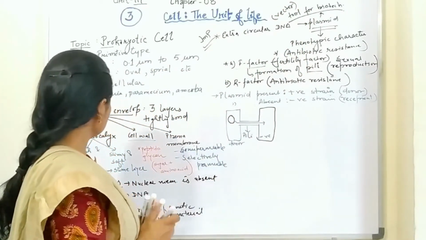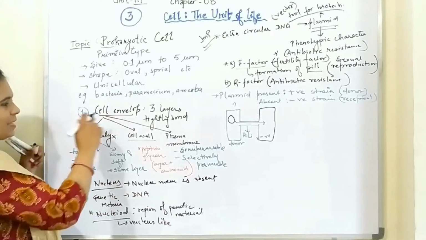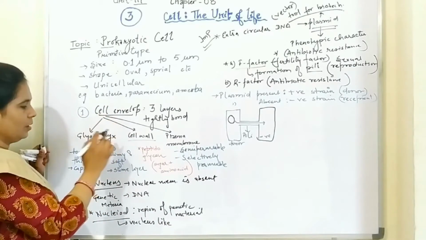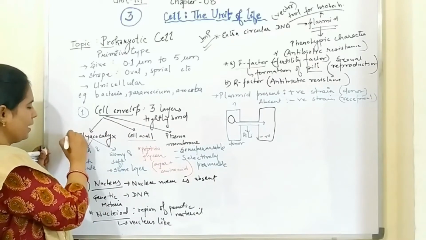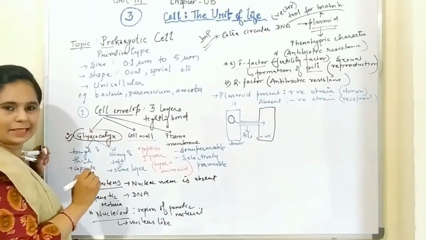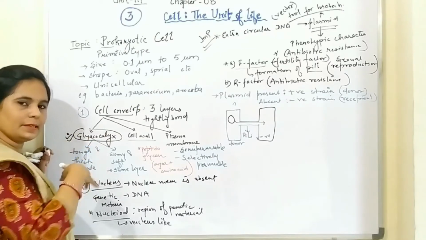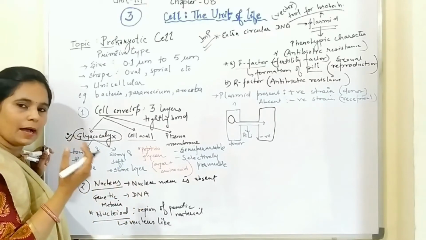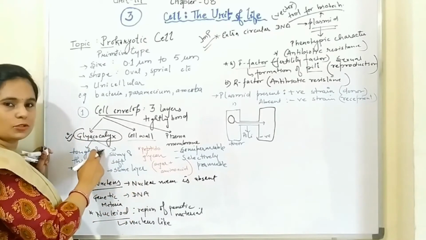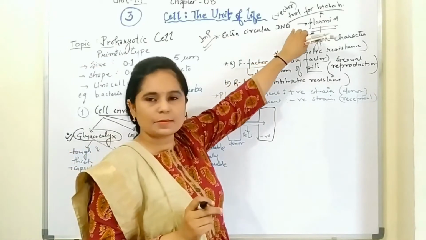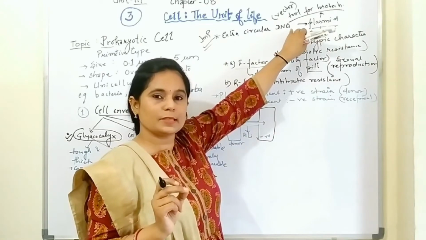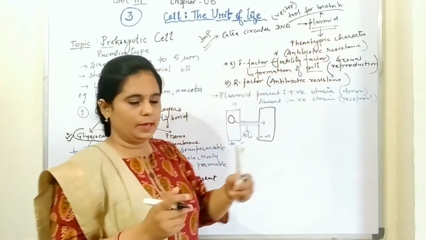Now as I have told you, cell envelope is there and it is having 3 layers. तो क्या होता है, जरूरी नहीं है कि ये वाला जो ग्लाइकोकेलिक्स है, it may be present, it may not be present. तो सारे प्रोकैरियोटिक सेल में ग्लाइकोकेलिक्स हो ये जरूरी नहीं होता है. सेम वे सारे सेल्स में प्लाज्मिड हो, ये भी जरूरी नहीं है.